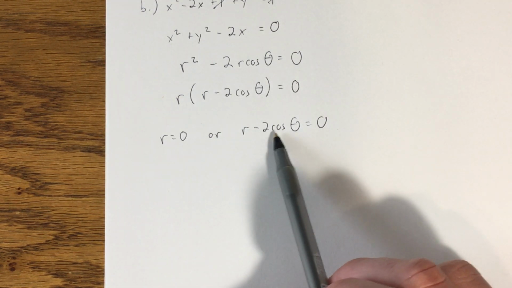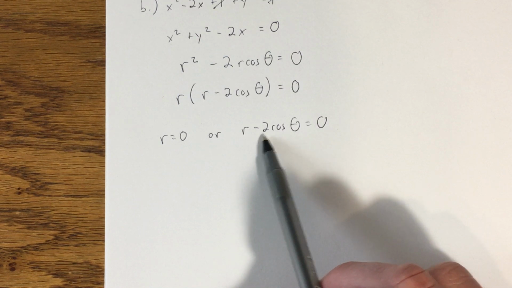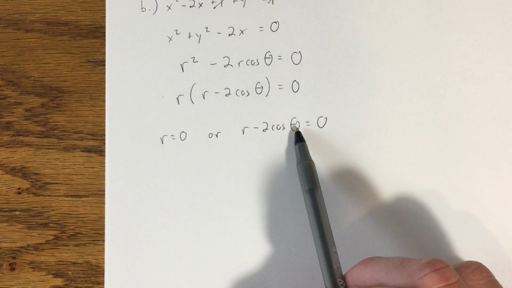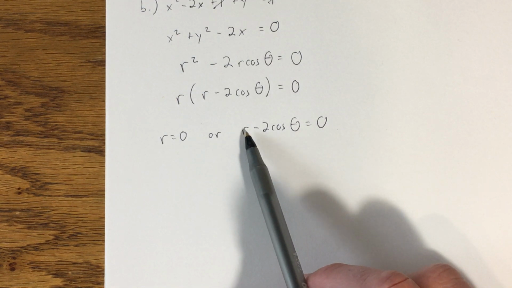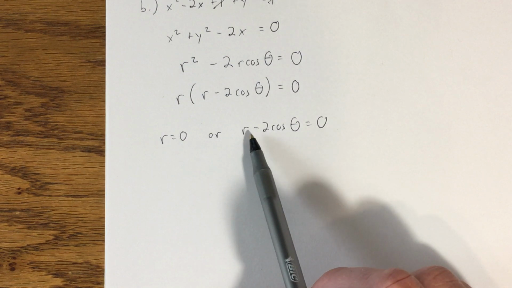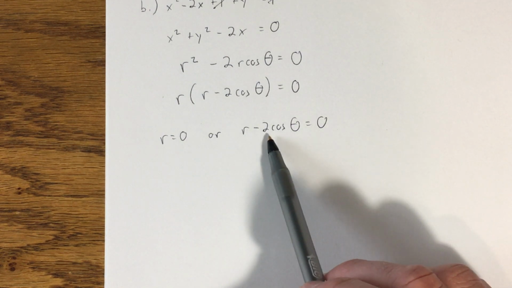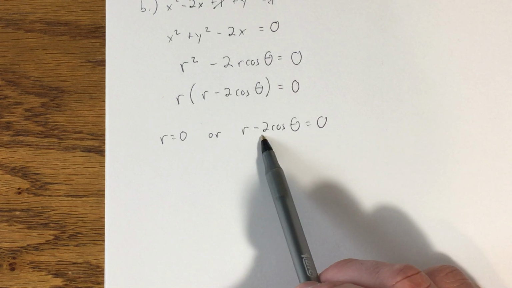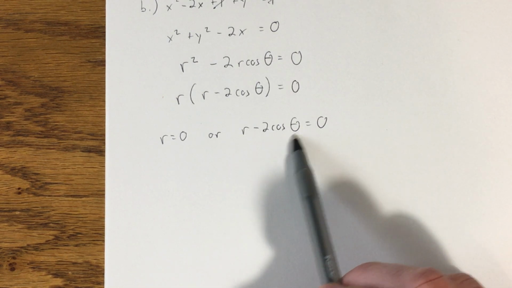In other words, if I plug in the correct value for theta here, I can get this r to come out to 0. And I could see that by adding 2 cosine to both sides and then attempting to set r equal to 0 and solve that for theta.